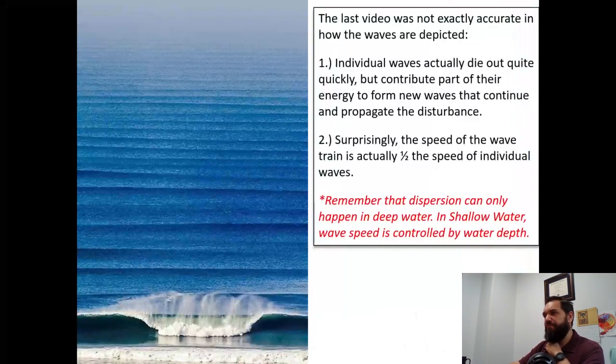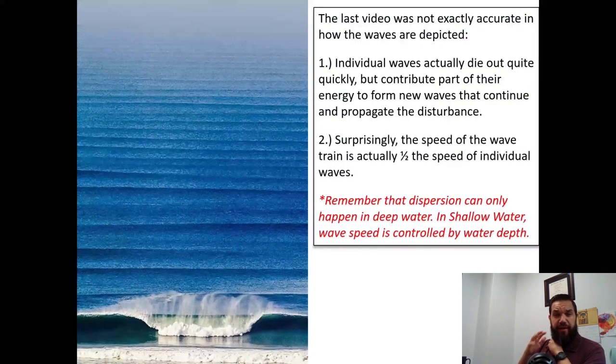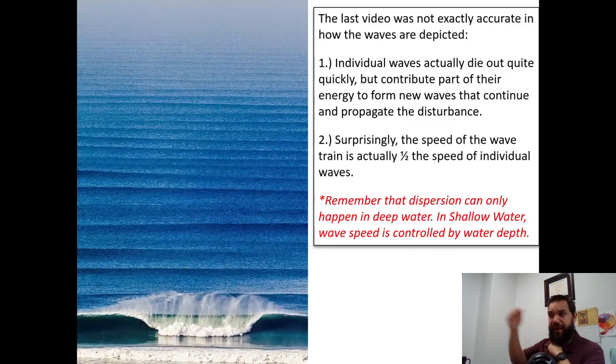A wave train. So the last video wasn't actually exactly accurate showing how wave trains move. There's a really interesting picture just looking out, into the little bit of elevation. You can see the swell coming in, right? So you see this very regular pattern of different waves.